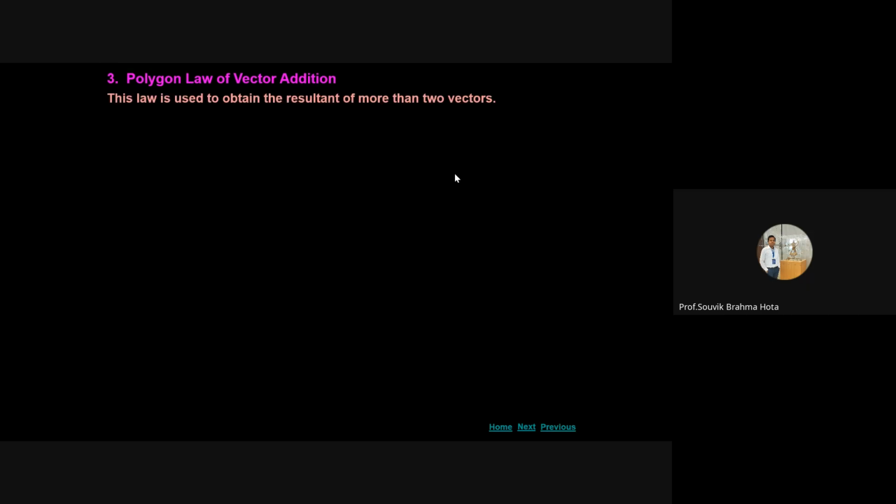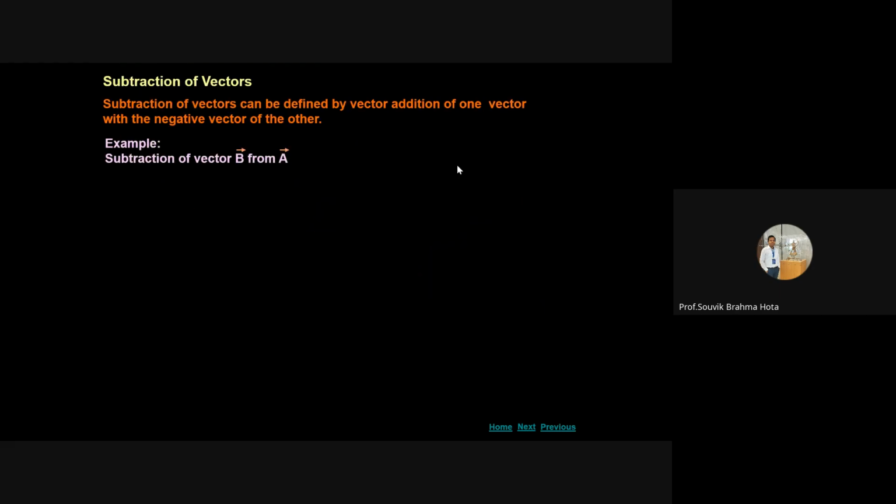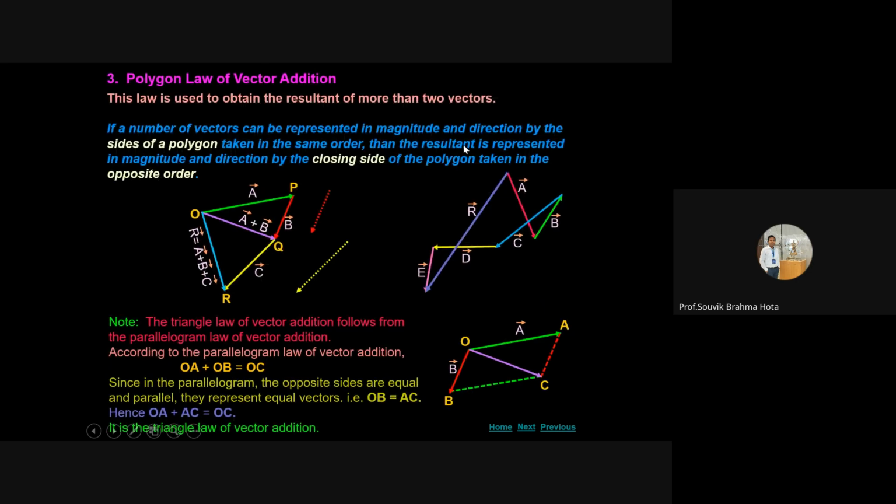Now the polygon law is something which is a multiple of the triangle law. In the polygon law, if a number of vectors can be represented in magnitude and direction by the sides of a polygon, you can see here, this is the polygon.